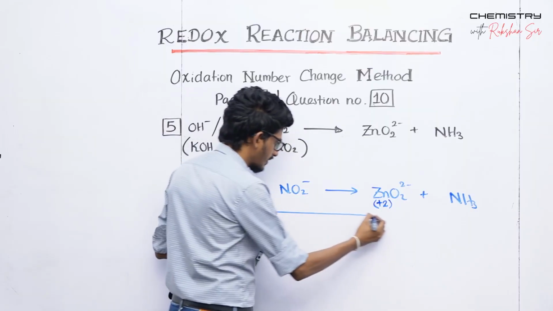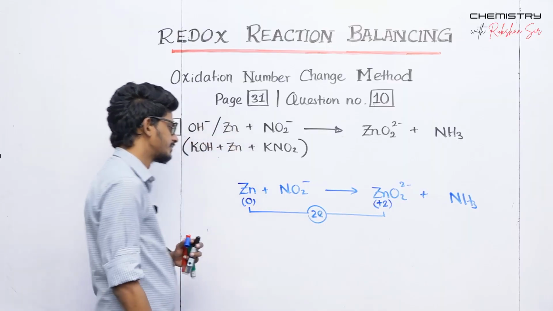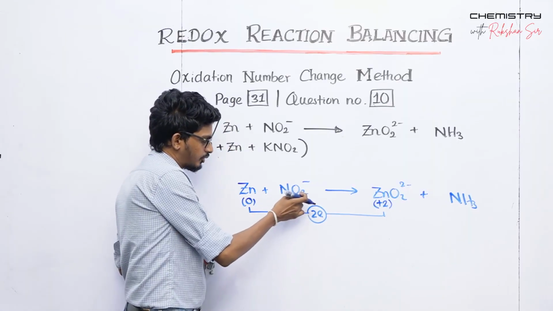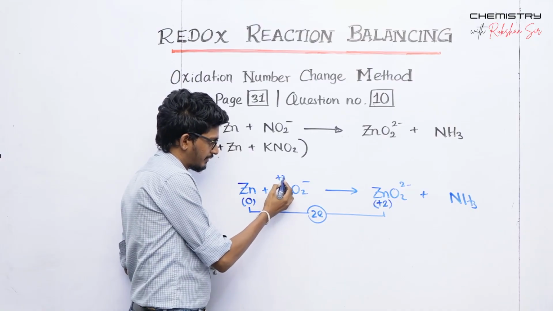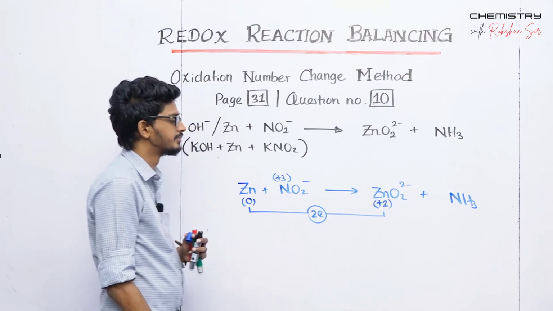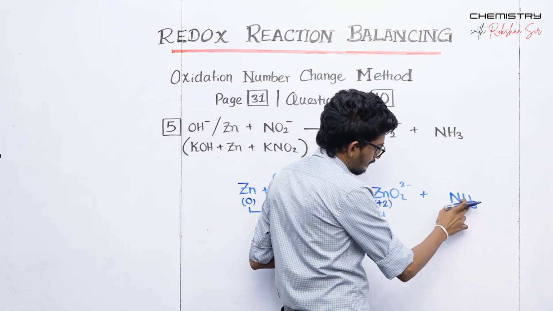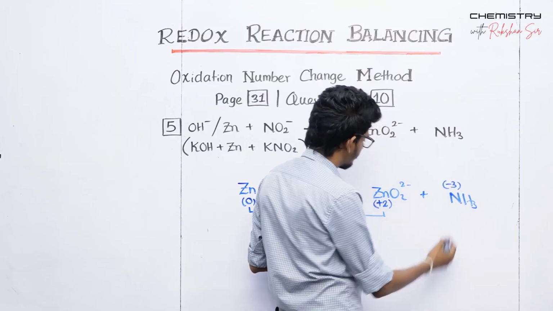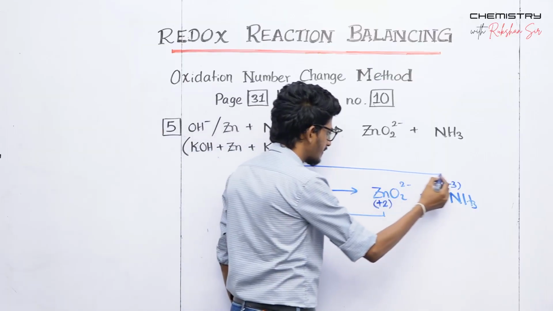So 2 units of difference, right? What about this? Minus 2 into minus 4, plus 4 minus 1 is plus 3. Here plus 1 into 3 is plus 3, so this should be minus 3. So the difference is 6 units.